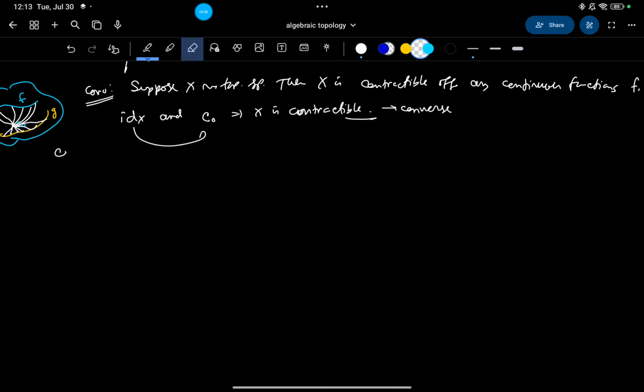But what about the straightforward one? So the straightforward statement is something like, suppose f comma g are mappings from X to X, continuous maps. Right?